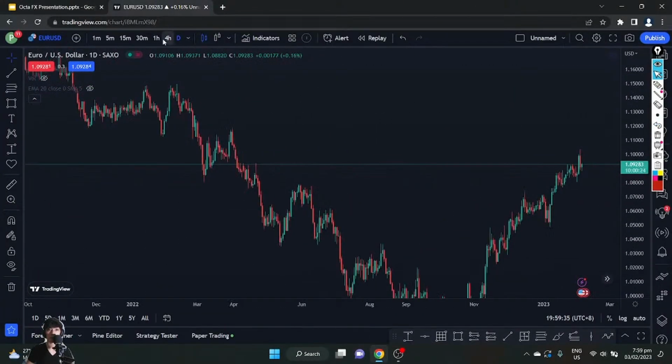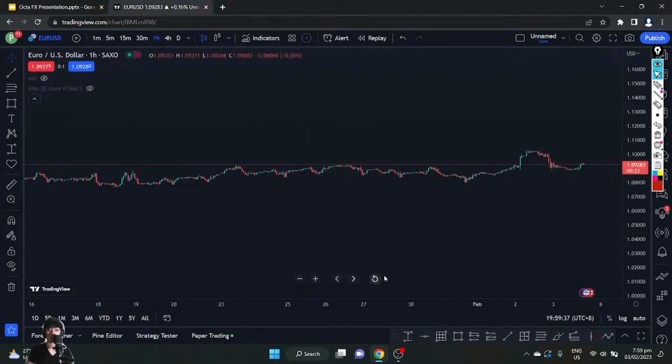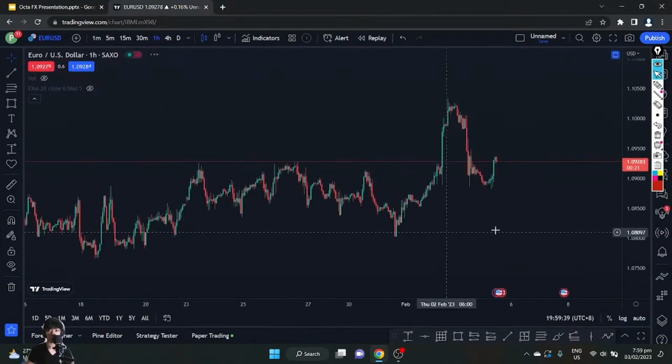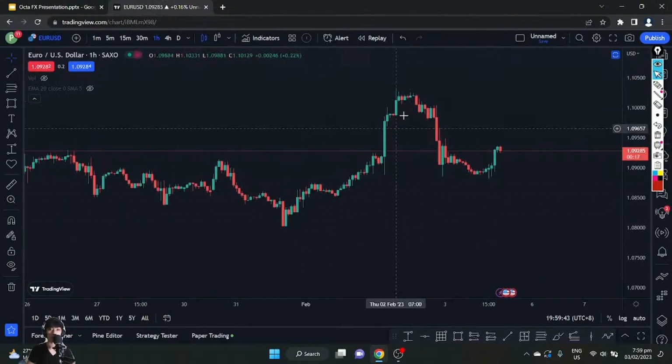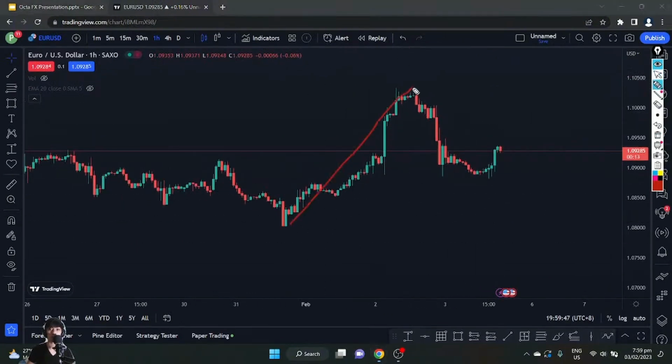So for example, let's take a look at the live chart. We are on a 1 hour time frame. And here this big impulsive move right here, or this one move, has a lot of candlesticks inside the 5 minute. We can see a lot of 1, 2, 3 patterns inside this one move.